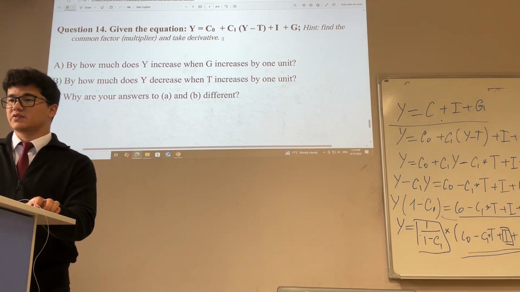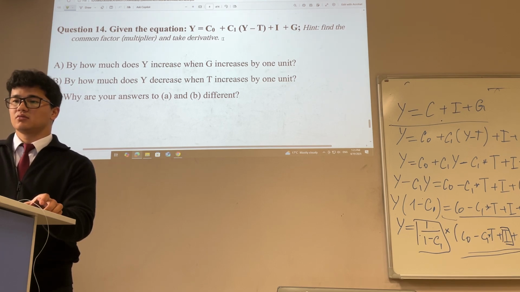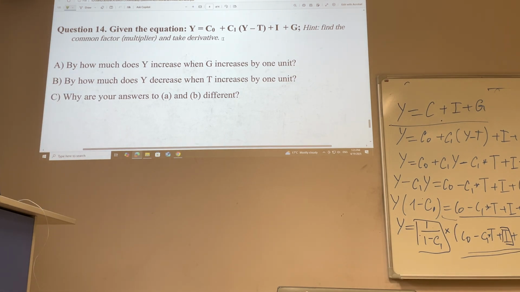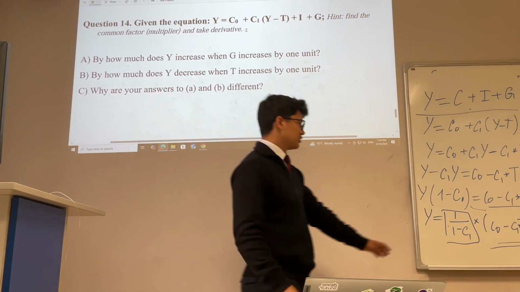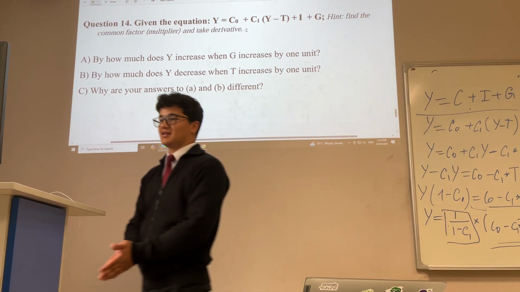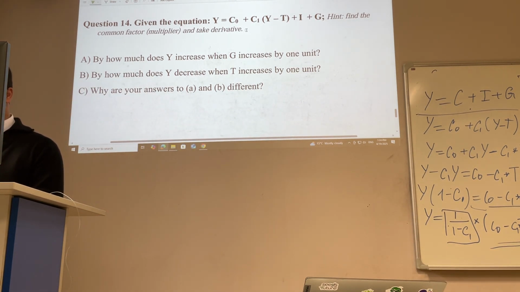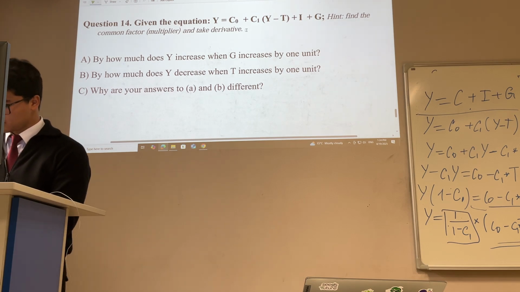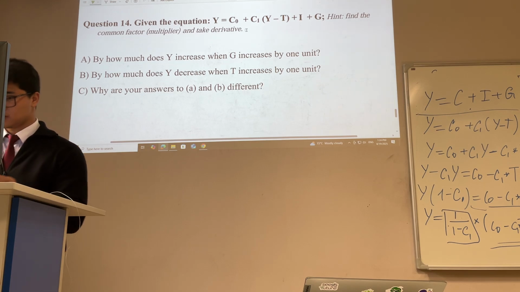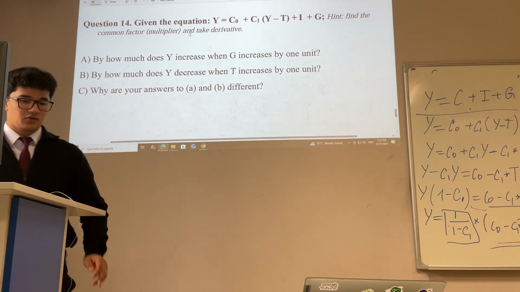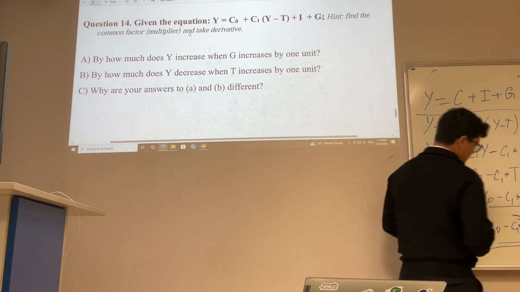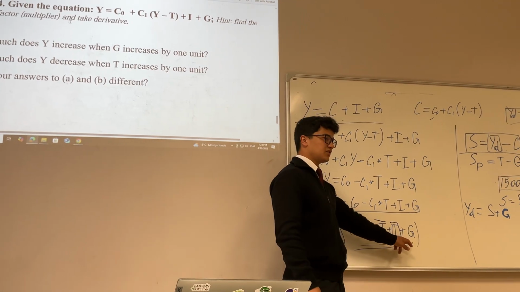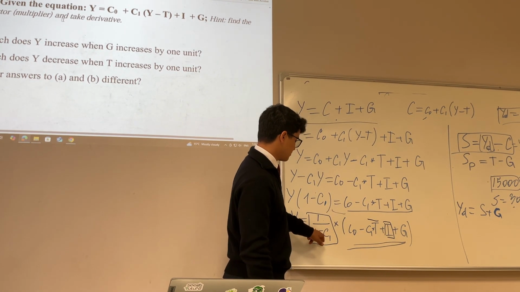By how much does y increase when g increases by 1 unit? Again, find the multiplier. See guys, that's our autonomous spending, right? I, T, G. These are the things that can be changed according to our multiplier.